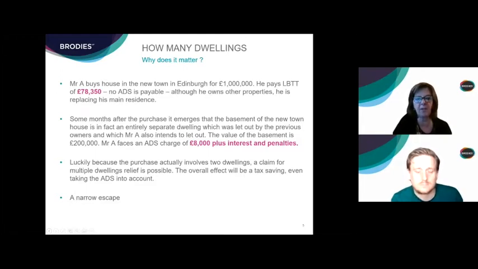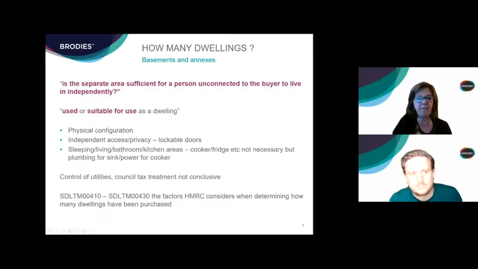However, because the purchase involves two dwellings, a claim for multiple dwellings relief can be made. And that actually gives an overall tax saving, even taking the ADS into account. So that was a narrow escape, but arising from the fact that there's actually two dwellings and not one. The question of there being more than one dwelling comes up with basements, as we've seen, and also with annexes.